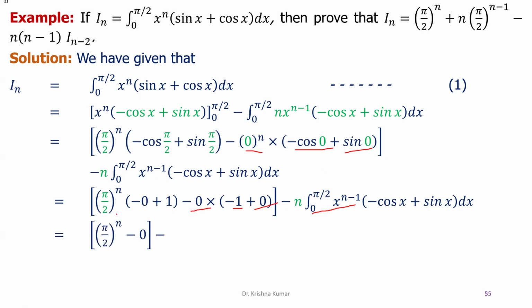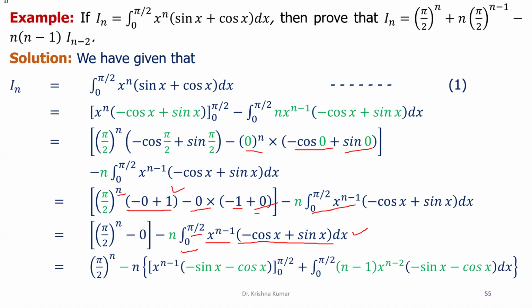Again simplify it: minus 0 plus 1 is 1. So we have (pi by 2) to the power n, minus this part is 0. And then again minus n times the integration of x to the power n minus 1 into minus cos x plus sin x with respect to x under the limit 0 to pi by 2.